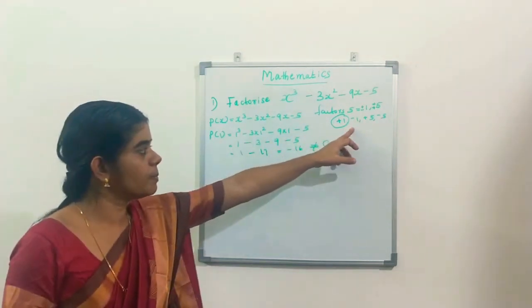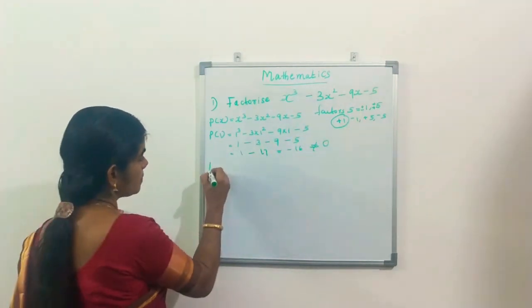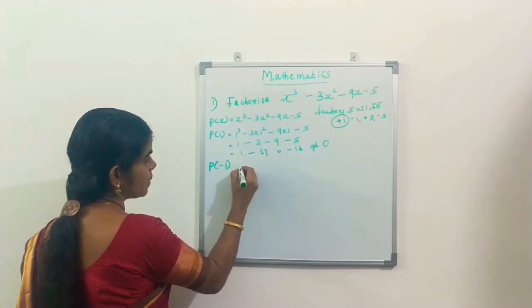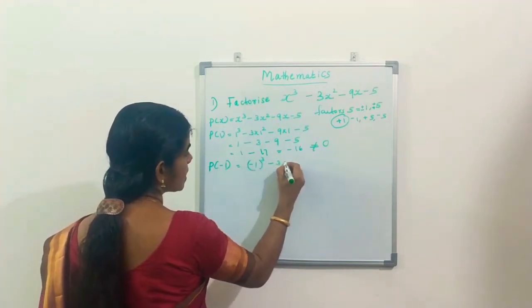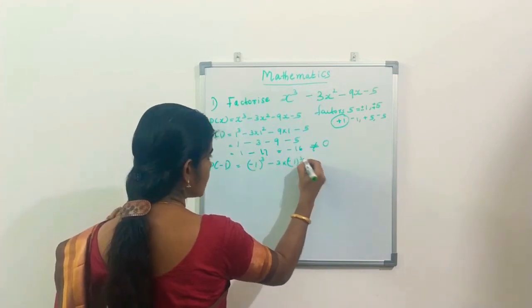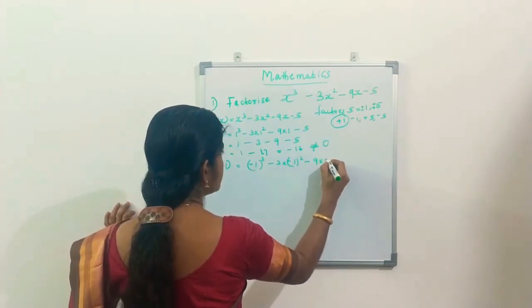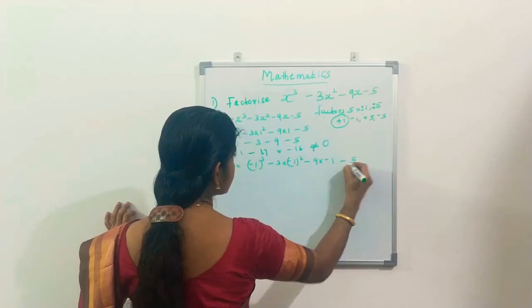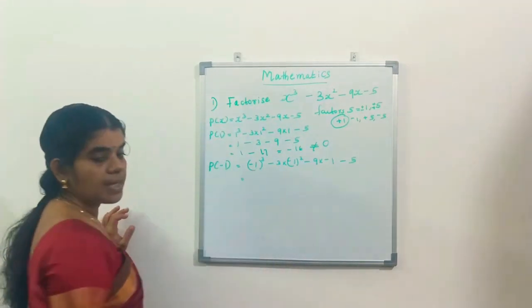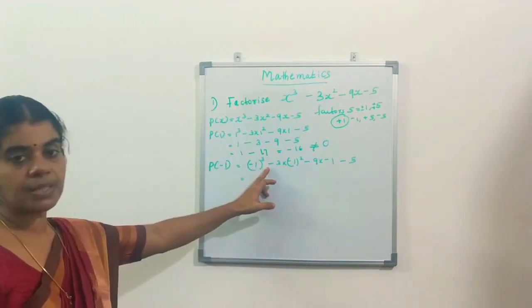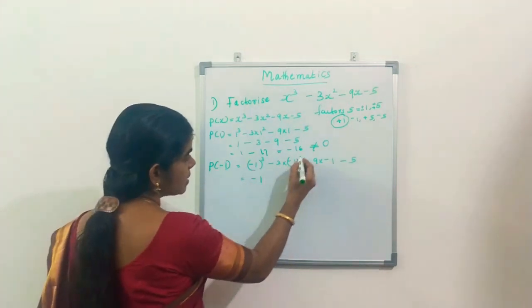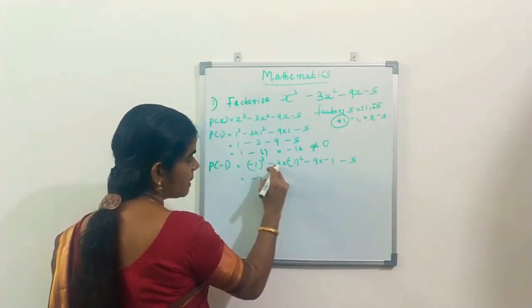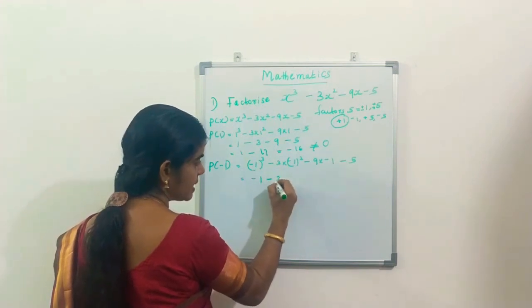Then we can look at p of minus 1. Minus 1 whole cube minus 3 into minus 1 whole square minus 9 into minus 1 minus 5. Minus 1 with an odd power will be minus itself. Therefore minus, this will become plus 1. Plus 1, minus 3 means minus 3.